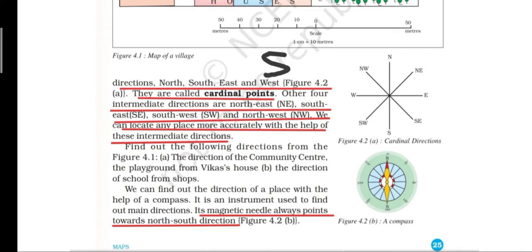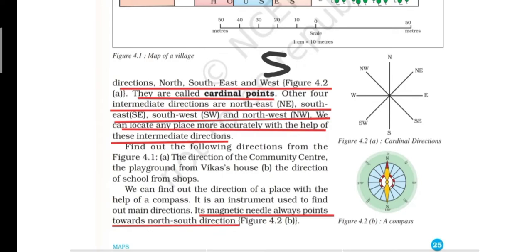Now, how can we find out directions with the help of a compass? See children, here it is written that a compass has a magnetic needle, and it always points in the north-south direction.